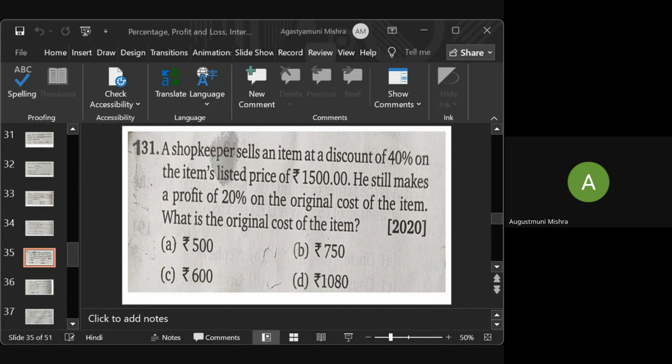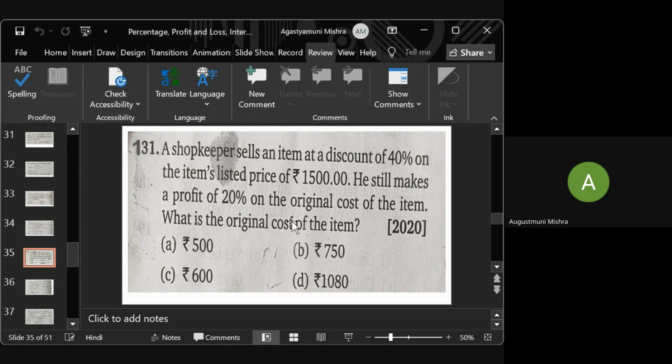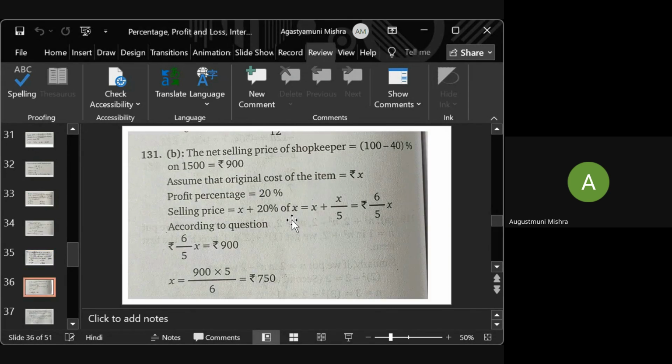Okay, I'm changing the slide now. So the correct answer is 750. I think that was B only. You can just check it. If you think you need an explanation, then I will give it.